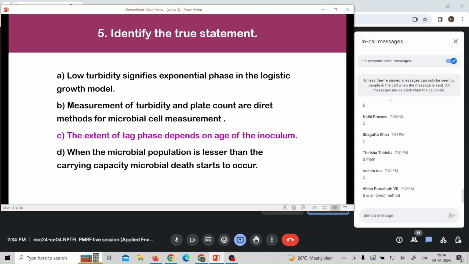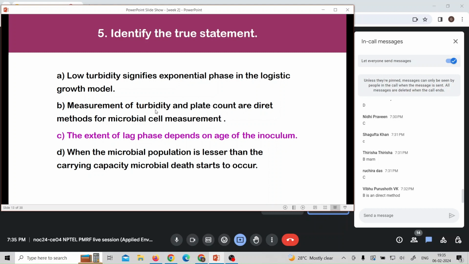So counting individual cells is a bit of a tedious process. That is a direct method. Plate count is obviously a direct method, where you are going to do that streak plate technique that was taught in the lecture, and then see how many colonies your sample might contain based on your dilution and stuff.